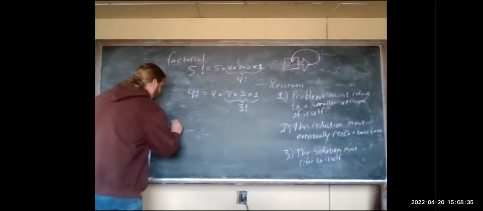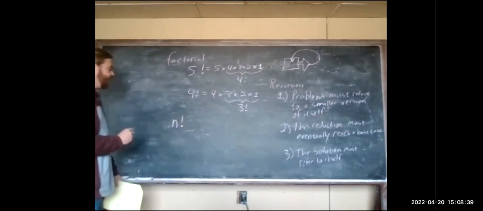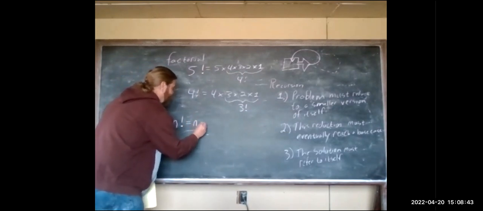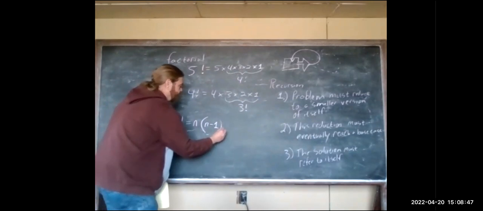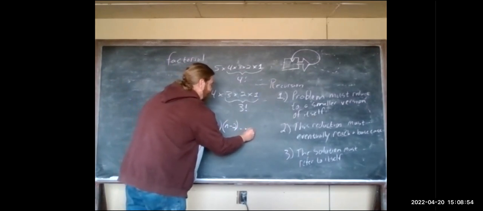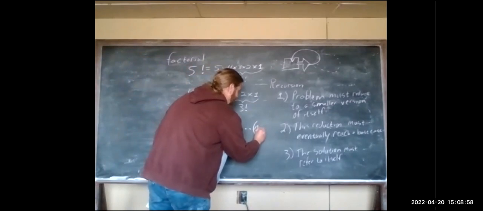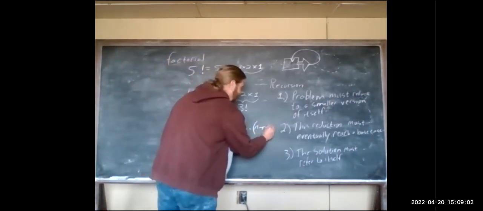So the generic version of it, some number, I'll write n for number. The factorial of it is going to be n times n minus 1 times n minus 2 and just dot, dot, dot for however many there is. But eventually we'll get all the way down to n minus n, which is kind of the end.